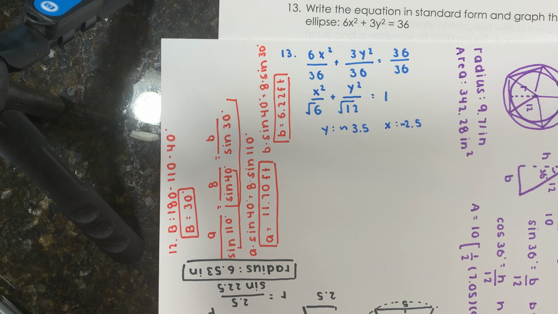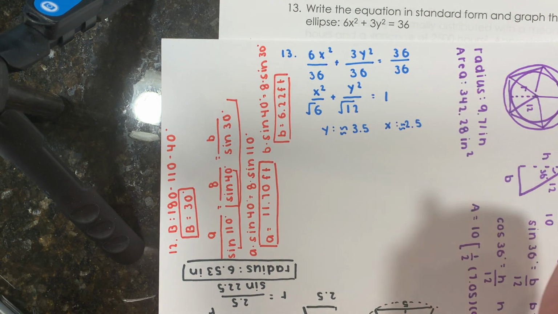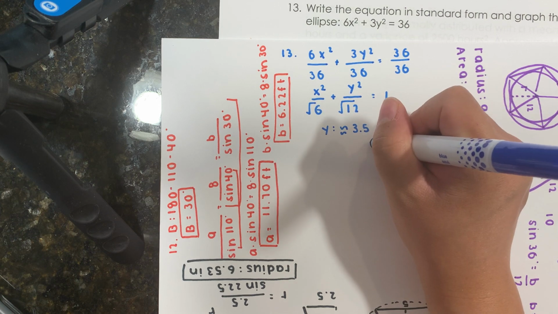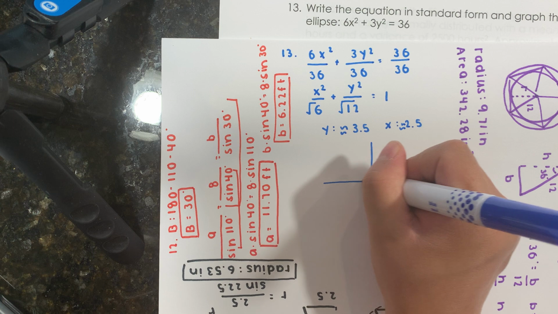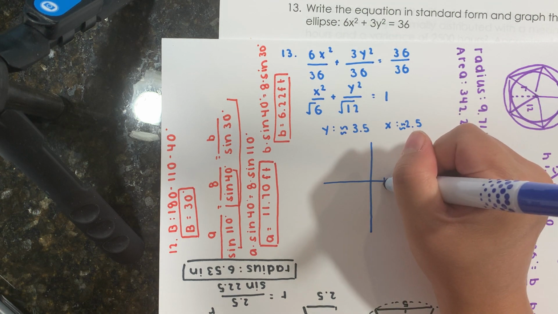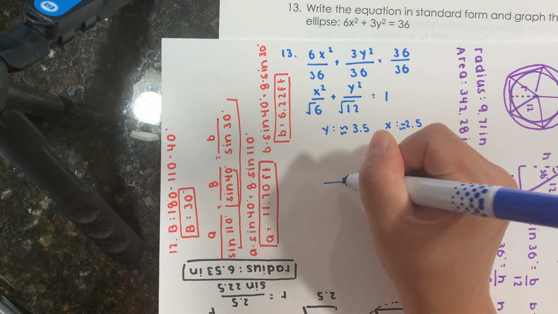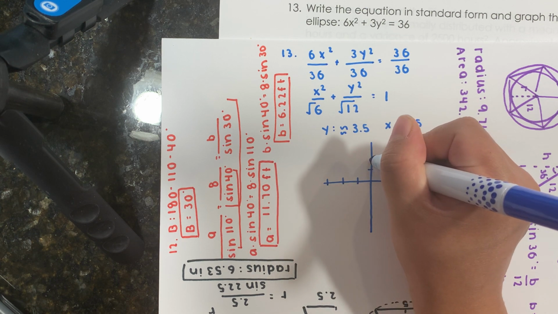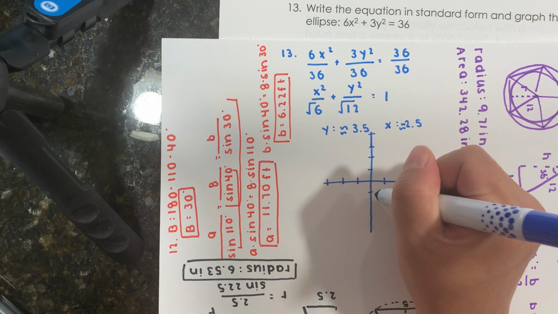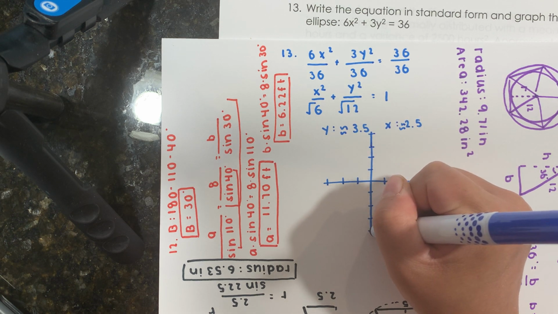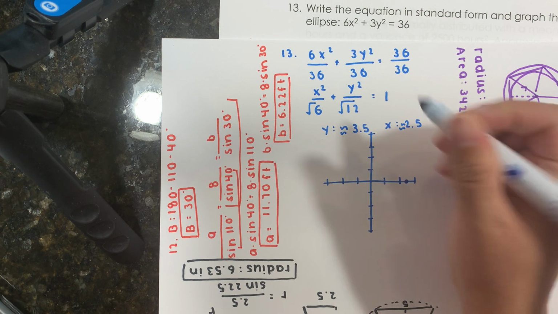Okay, so now, one, two, three. Approximately 2.5, but a little less would be about here.